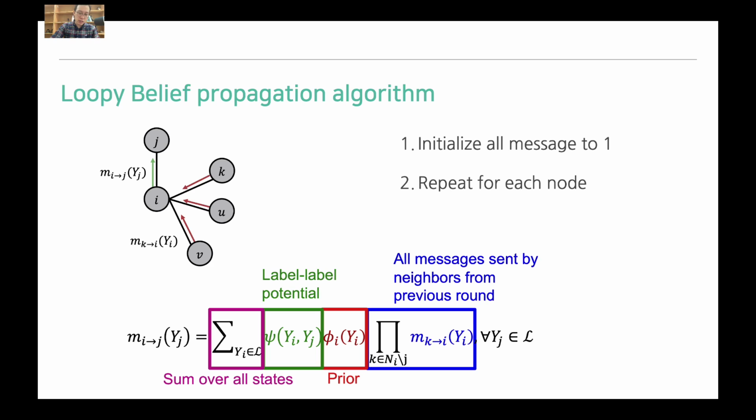and then we can see the label potentials. So we also get the label potentials in this case. The label potential is something like the transition probability between the labels.